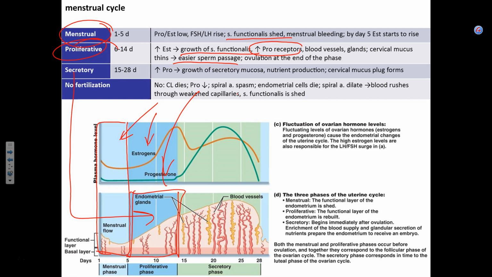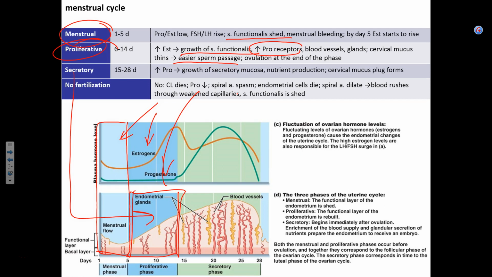Well, we should say it this way: the end of the proliferative stage happens at the same time when ovulation happens. At this point, there's a proper stratum functionalis in the uterus. You with me so far?